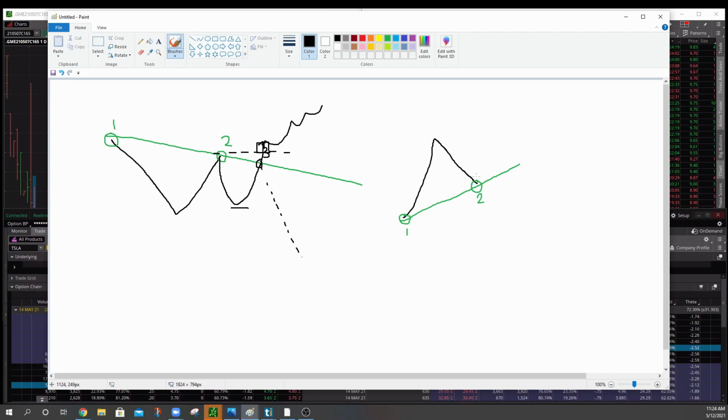So again, the reason why Matt's not taking those third point trades off of, say, a lower high or a higher low is because it just becomes really 50-50, right? Could it bounce here and move up? It could. But could it crack and continue its way down? It very well could.